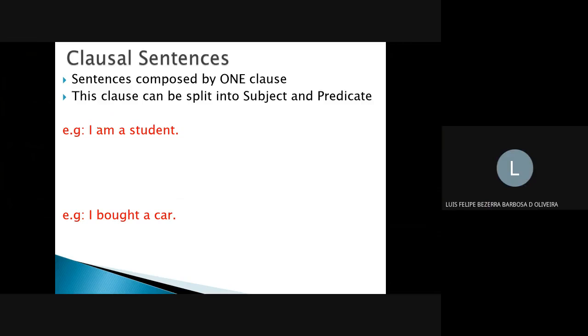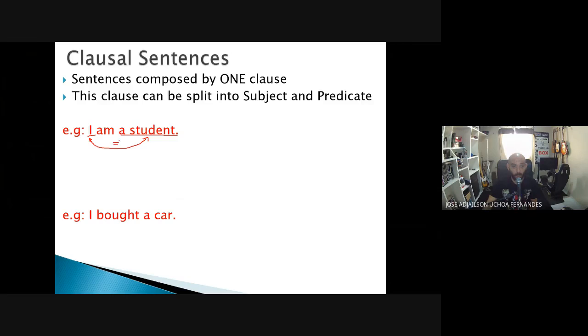I think it's a predicative complement because "a student" doesn't really complement the verb rather than describing the subject. It's like "I equals a student." It's an equation. Yeah. It is referring back to the subject. It's a predicative complement related to the subject.